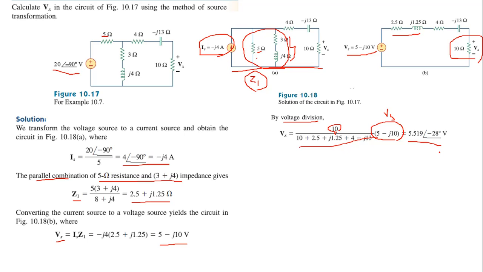Similarly, if we have a current source in parallel with the impedance Zs, that can be converted into a voltage source Vs in series with the same impedance Zs. So this is what source transformation is.